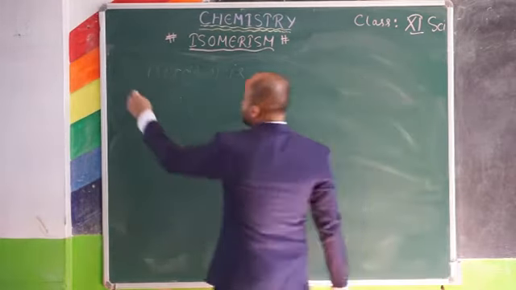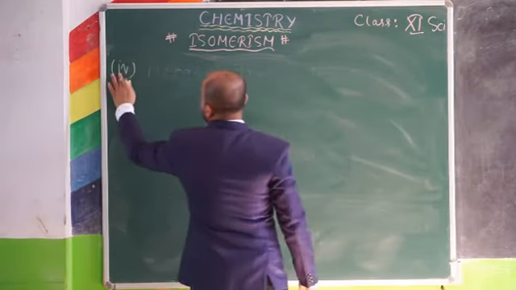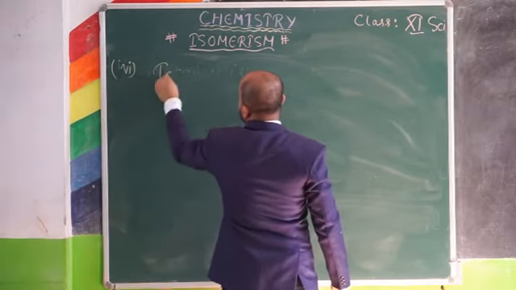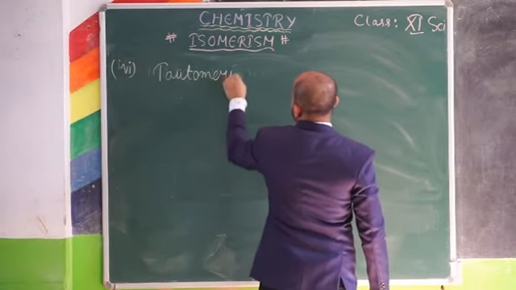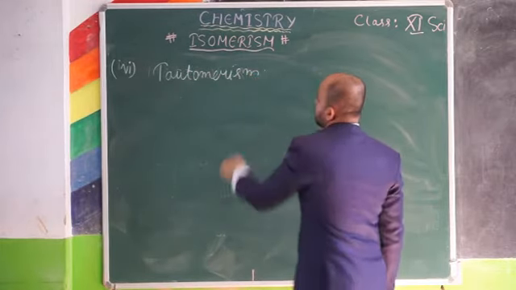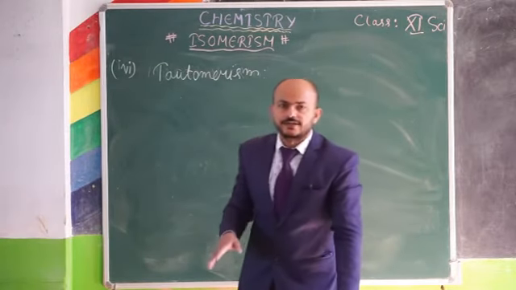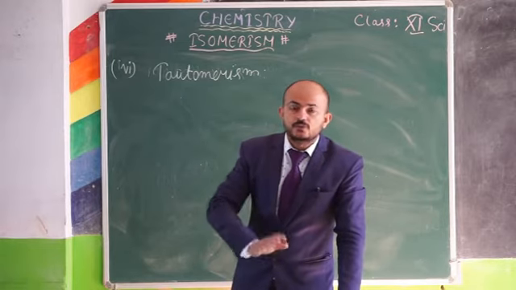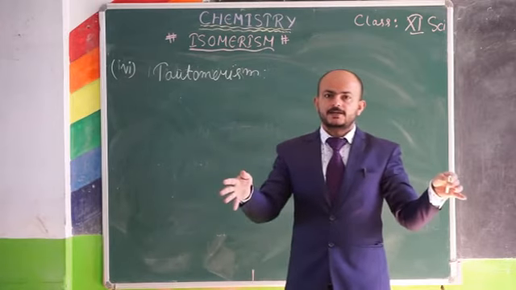This is the sixth type of structural isomerism. Now this is a little different from other types of structural isomerism. Here also, with the same molecular formula, you will be having two different compounds.